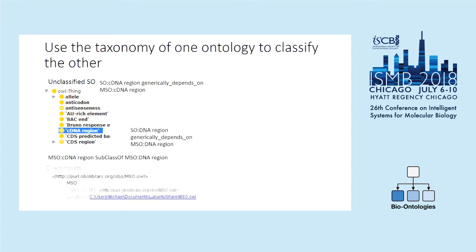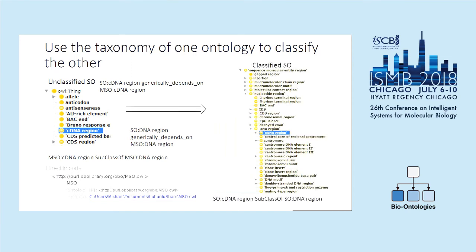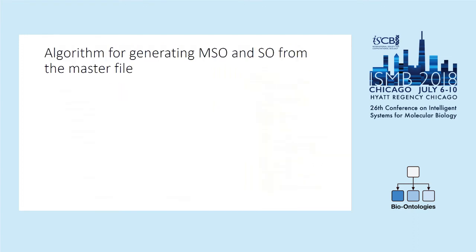So to classify the SO without having to do any extra work, we just import our MSO with all of its asserted axioms, and we run the reasoner, and voila, we have all of our SO exactly classified using the exact parallel taxonomy of the MSO. So cDNA region is a subclass of nucleotide region, is a subclass of sequence molecular entity region. And the SO and MSO taxonomies are kept exactly in parallel, with the curator only having to add one term and the program does the rest.